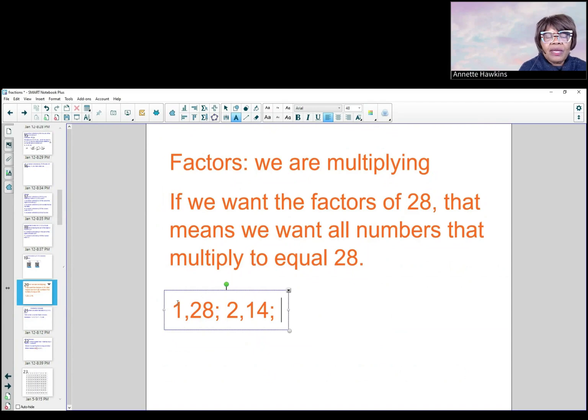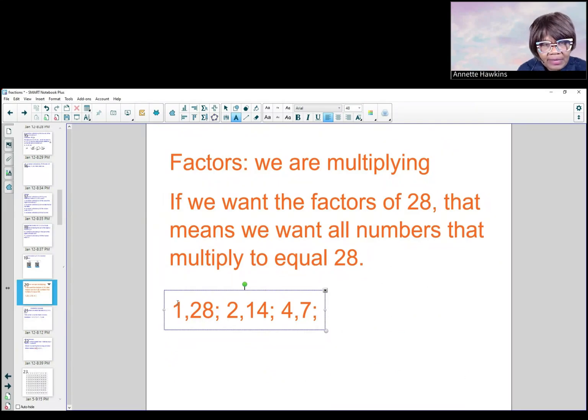Now, 3 would not divide 28 because the sum of the digits is not divisible by 3. Let's go to 4. We know 4 goes into 28 7 times. We know our multiplication table. So 4 times 7. All right, let's go to 5. 5 would not divide 28 because it doesn't end in 0 or 5. 6 would not divide 28 because 3 doesn't divide it.